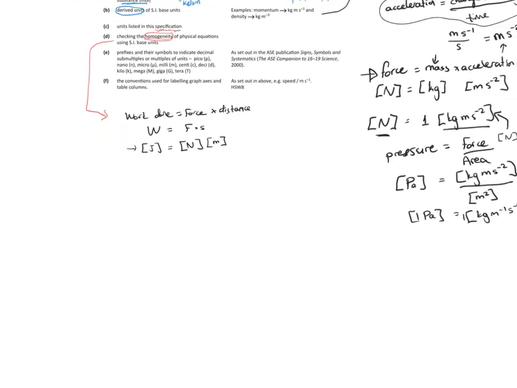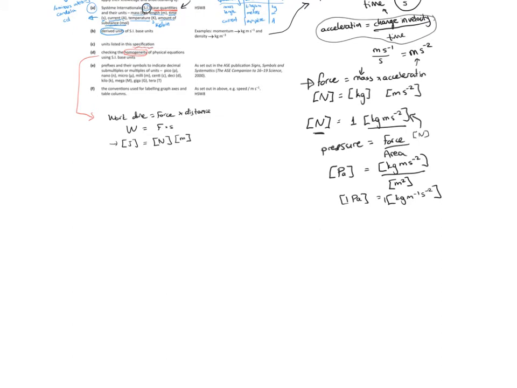So we said newtons here is given to me. So basically what you'll do, you will show this exact working out. So that will be kilograms meters per second squared. And obviously that's meters because it remains as meters. I'm just going to simplify this whole side of this equation as kilograms.